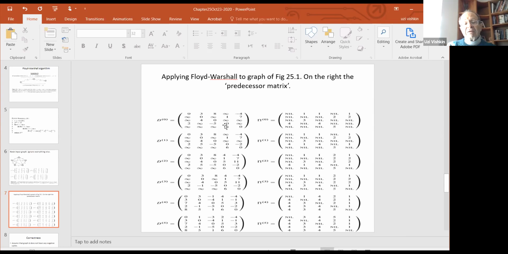Here, the diagonal is 0 because the diagonal is reaching from node i to itself, which is 0. Let's make sure that we understand how this represents the graph. The fact that I have a 3 here means that I have an edge from 1 to 2 whose length is 3, right? That's what we would expect.